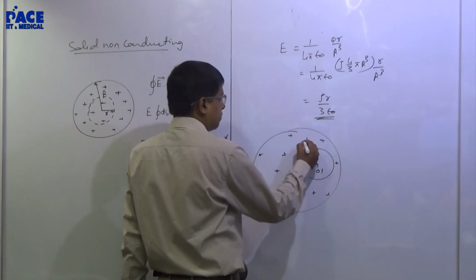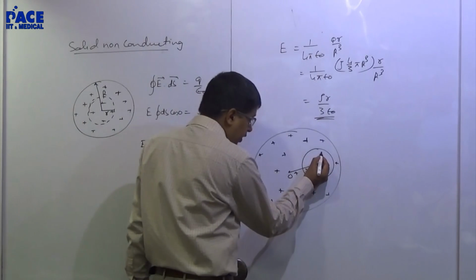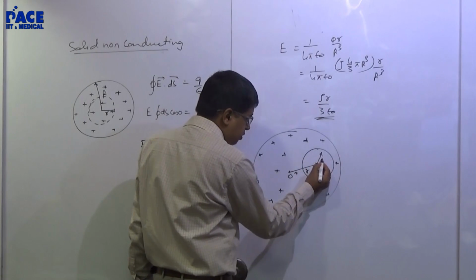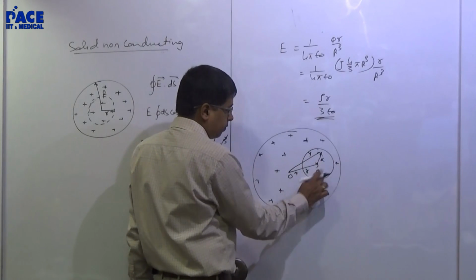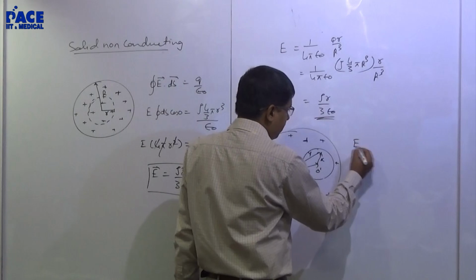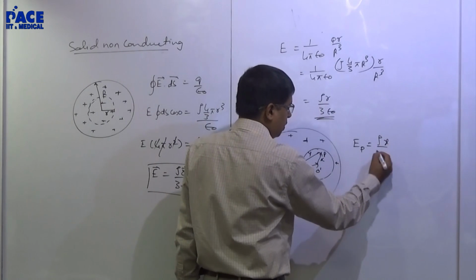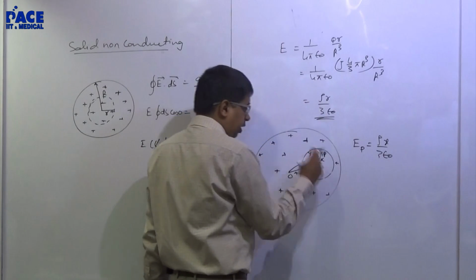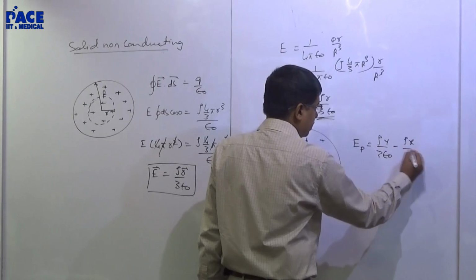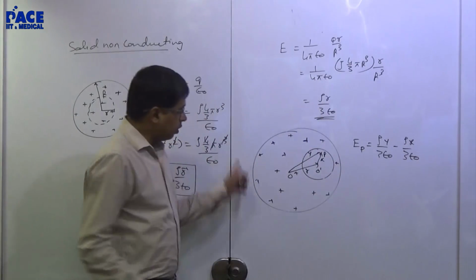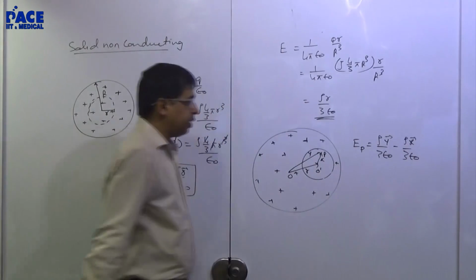This is R. Now here if I want the field, I will take this to be X and this to be Y. Field at the point P: due to the complete sphere it will be rho y by 3 epsilon naught, and because of the hollow sphere it will be rho x by 3 epsilon naught, so the net is rho y minus rho x by 3 epsilon naught.